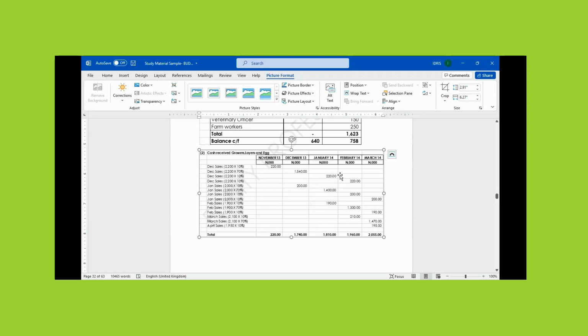Why the last 10%, which month? In February, 220 again. We are finished with December sales.